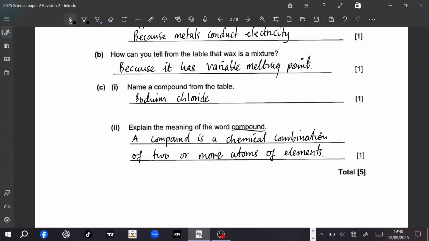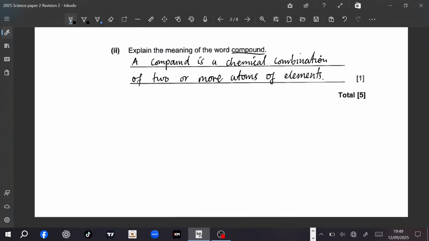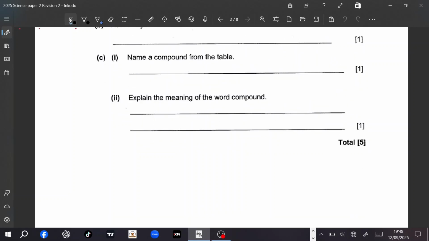And usually during formation of compounds, bonding is involved and energy is involved. More energy is used up and some more energy is given out. Okay, so let's move to the next question.